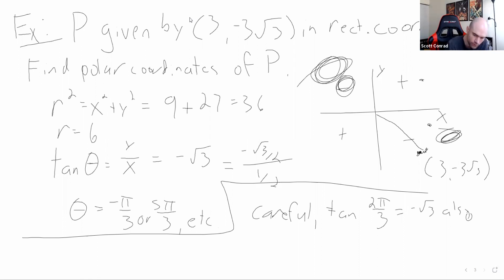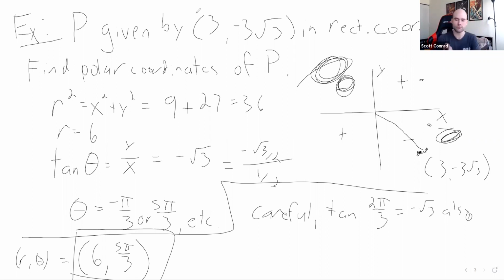So our point is going to be r is 6. Let me write it like this. r, theta is 6, 5 pi over 3. That's our point in polar coordinates. So just very roughly sketch where your point is.